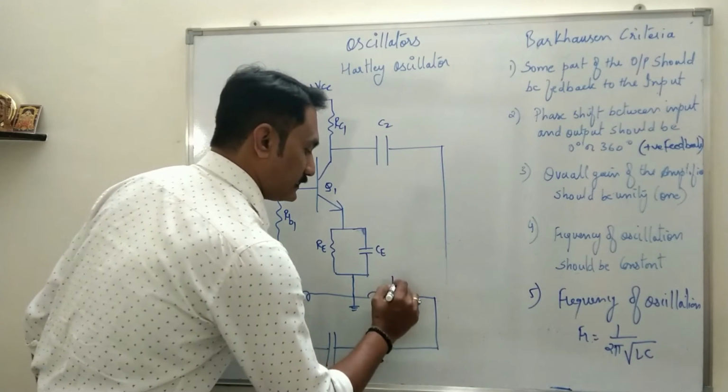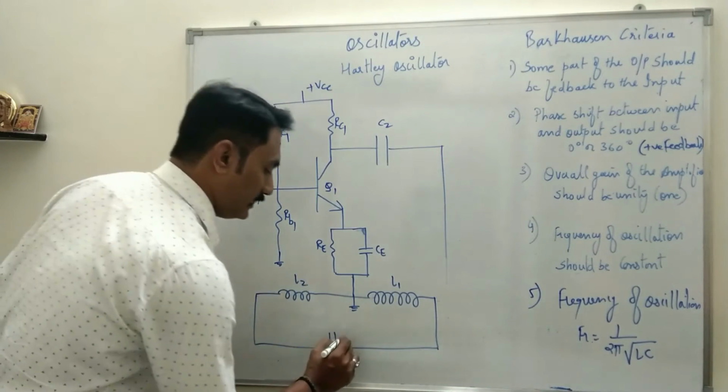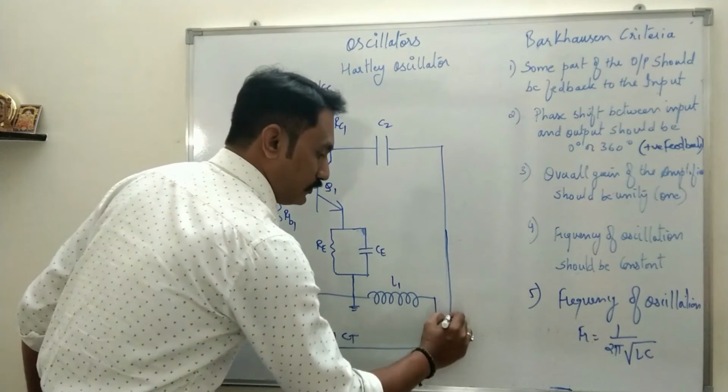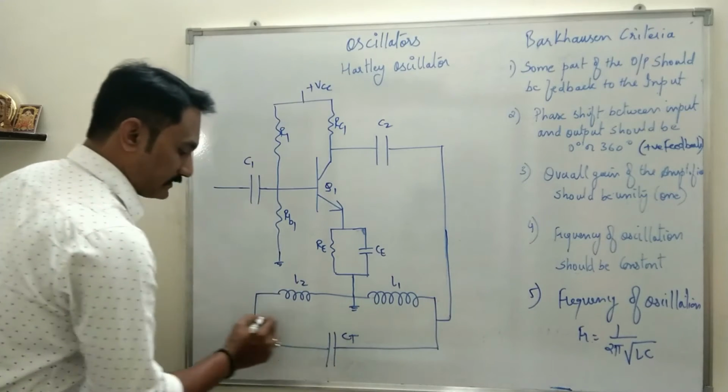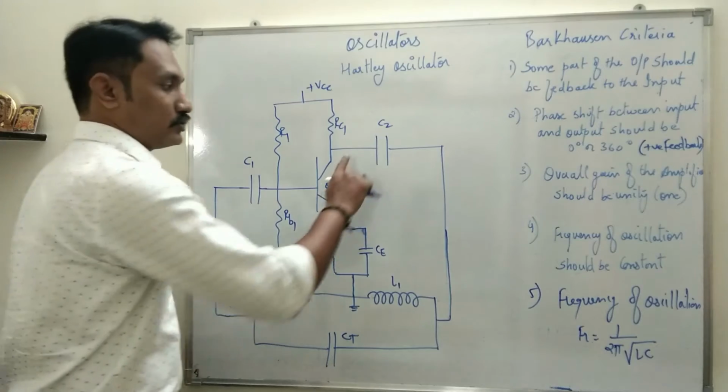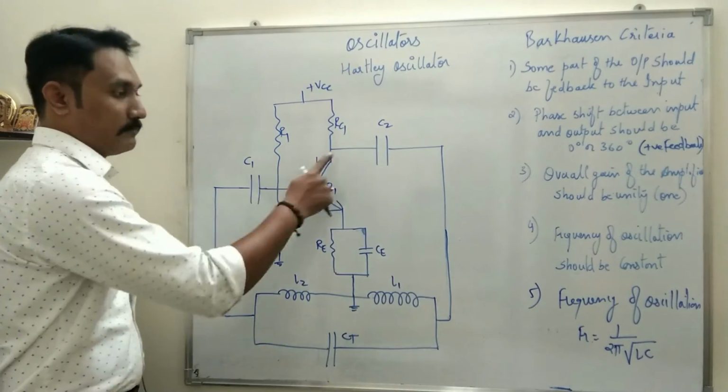Okay, I will call this inductor L1, this is L2, and this is CT. The output is connected to the tank circuit, and the tank circuit's output will be connected back to the input. Some part of the output should be connected back to the input.